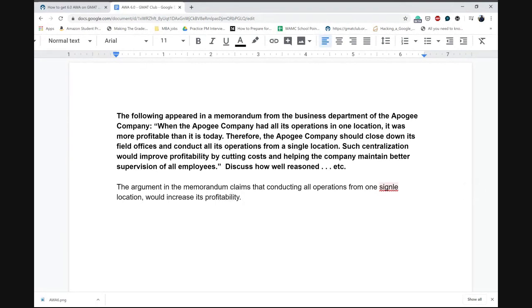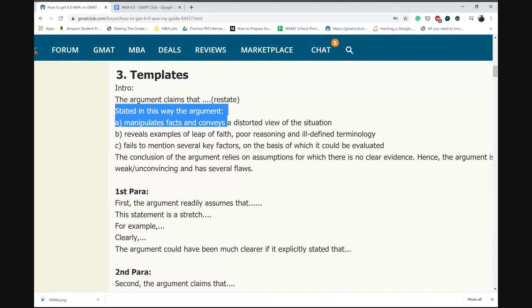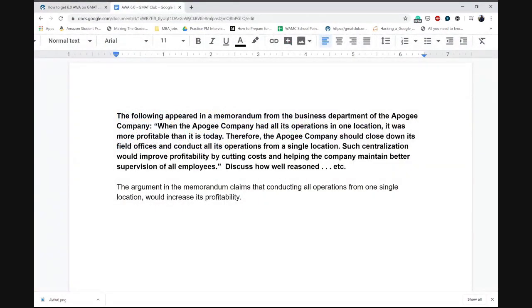So this is what I want to do. Sorry, I'm a horrible speller when I actually write. So this is my restatement, right? So that's the argument claims that. That's that portion. Now I want to move towards, stated in this way, the argument manipulates facts, reveals examples of leap of faith, fails to mention several key factors, right? So I'm going to do just that.